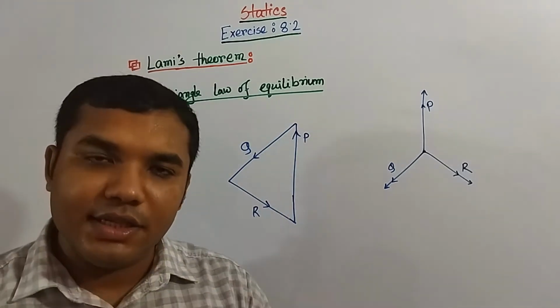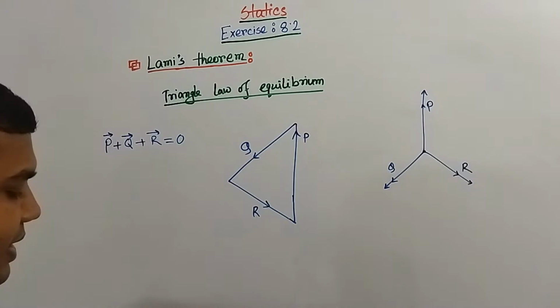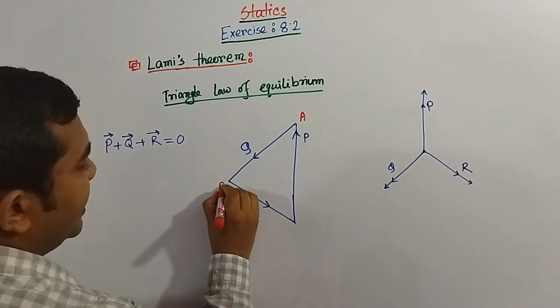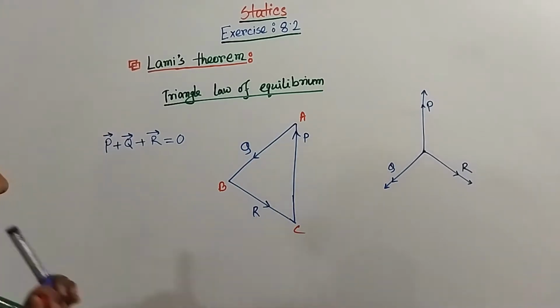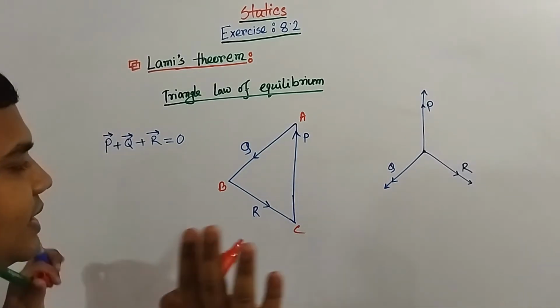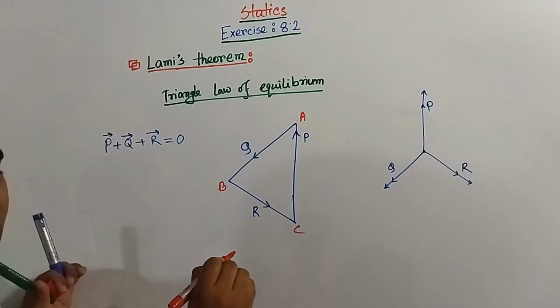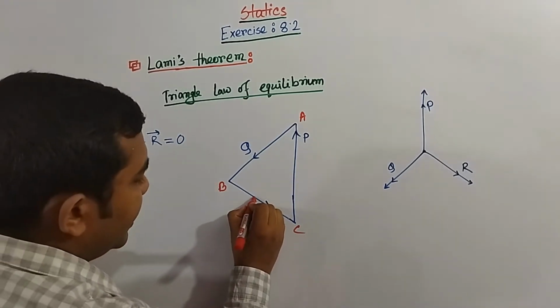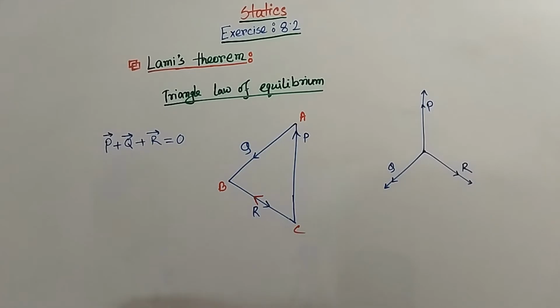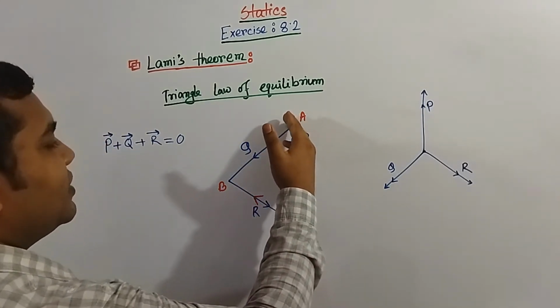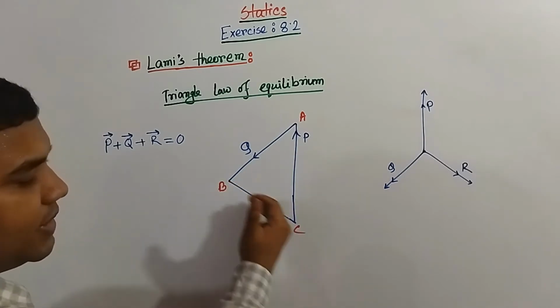To understand this part very clearly, say for example all the vertices are A, B and C. We are just thinking that this R force is not acting this way, rather it is working in that direction. If so, then the flow goes this way, and this is restricted.